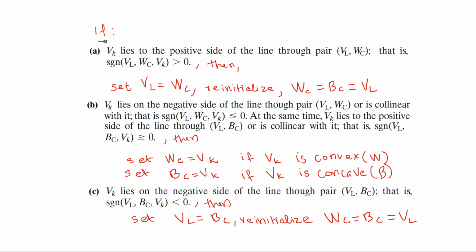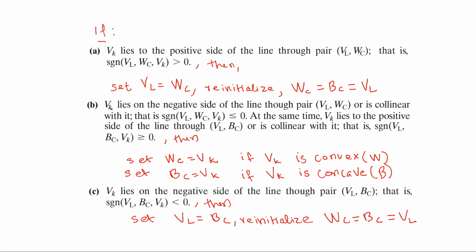If Vk lies on the positive side of the line passing through VL, WC, that is, if sign of VL, WC, Vk is greater than 0 — we have already defined this expression before — then we set VL equal to WC and reinitialize WC equal to BC equal to VL.